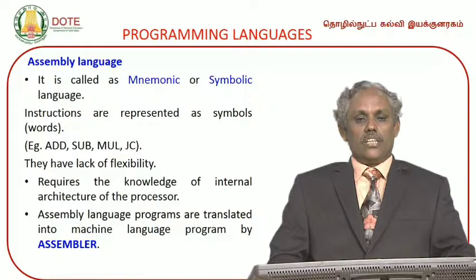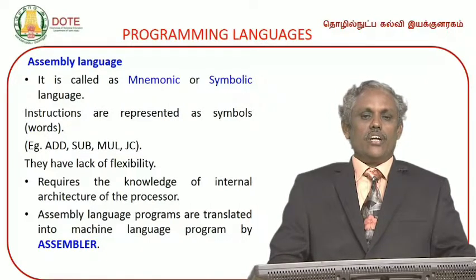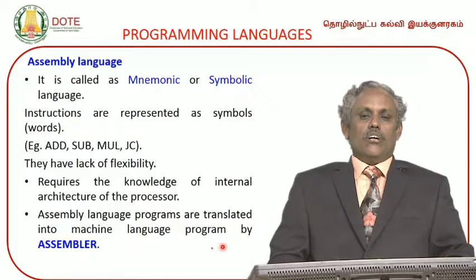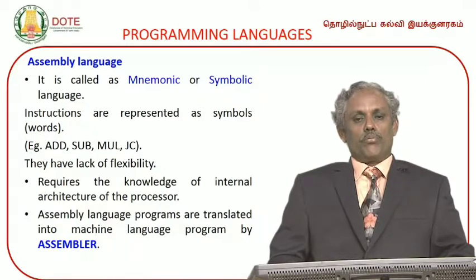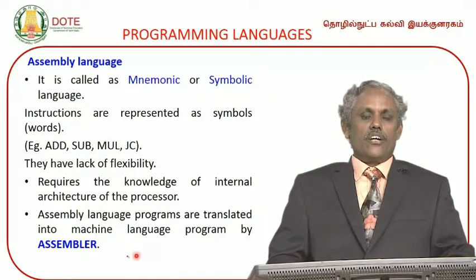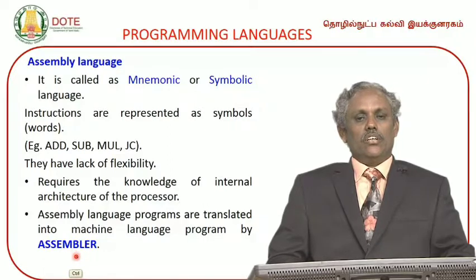Again, these instructions require the internal architecture of the processor. In assembly language, we use addresses for data storage. So, these instructions are also difficult for the programmer. These assembly language programs need to be translated into machine language.